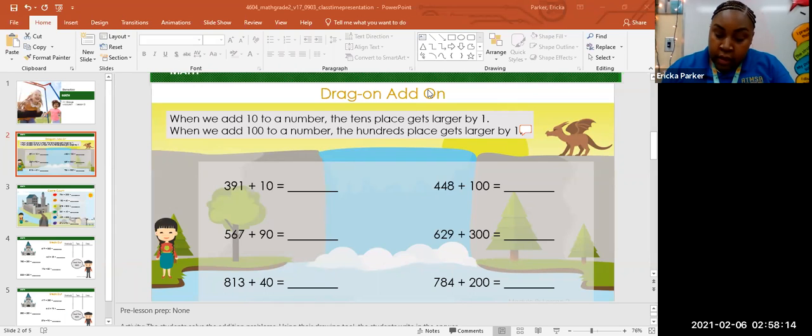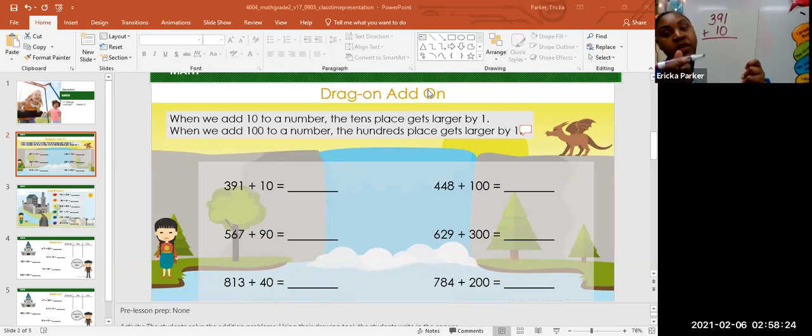391 plus 10. As you can see, we can count by tens. We can add a 10. So 0 plus 1 equals 1. 1 plus 9 equals 10.